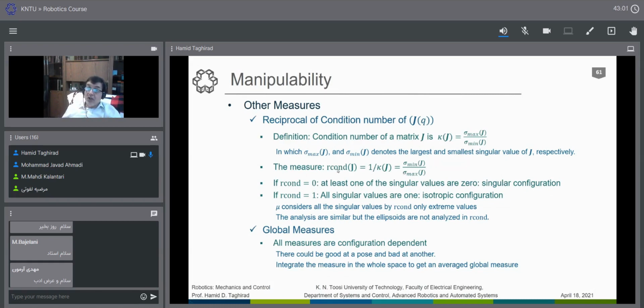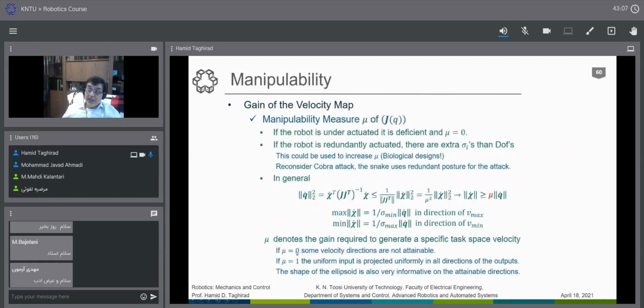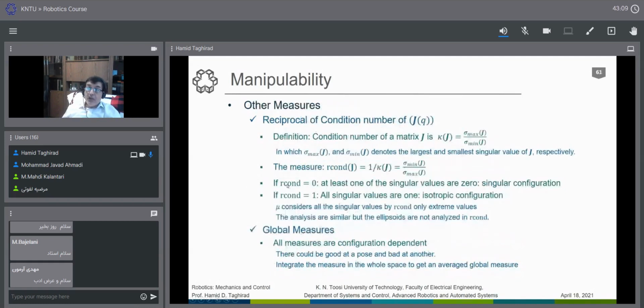If arcant is equal to 0, this means that, exactly like what we have in the mu case, at least one of the singular values is equal to 0. So basically we are in a singular configuration. And if arcant is equal to 1, all the singular values are equal to 1. So we have an isotropic condition.